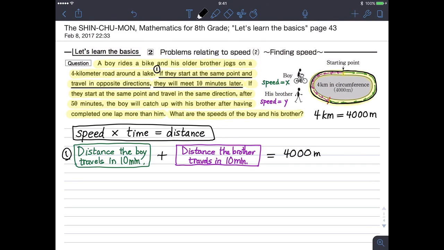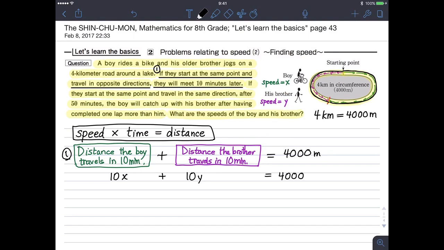And we can write the equation. The distance the boy travels in 10 minutes would be speed times time. So the time is 10 minutes times the speed, which in this case is x for the boy. Then we add the distance traveled by his brother, which is speed times time. The time is 10 minutes again, and the speed of the brother is y, and that's going to equal 4,000.